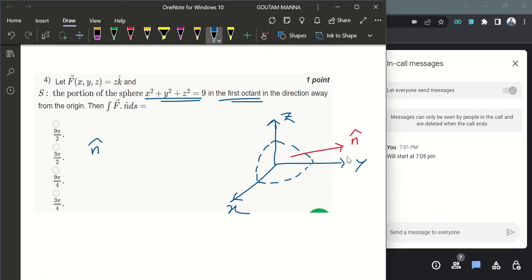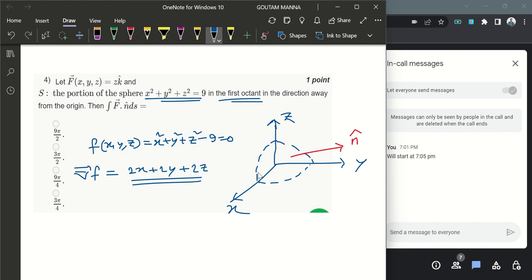We can calculate n hat like this. For any plane, if we want to calculate a normal vector, the equation of this plane will be f of x, y, z equals x square plus y square plus z square minus 9 equals 0, and the gradient of f will be 2x i hat plus 2y j hat plus 2z k hat, and this is a vector which is perpendicular to this surface.